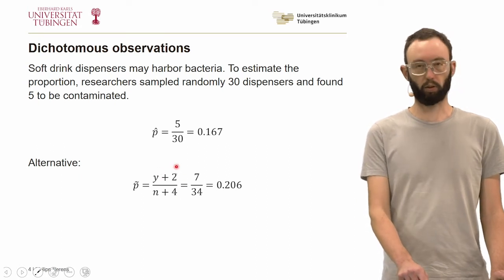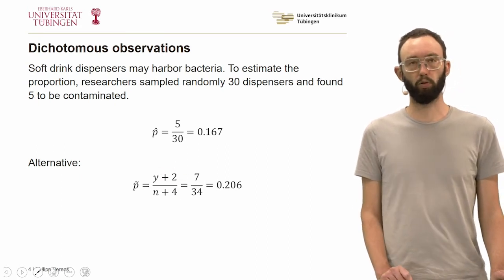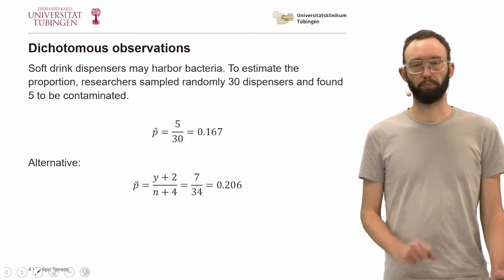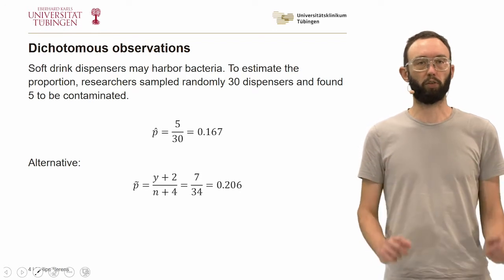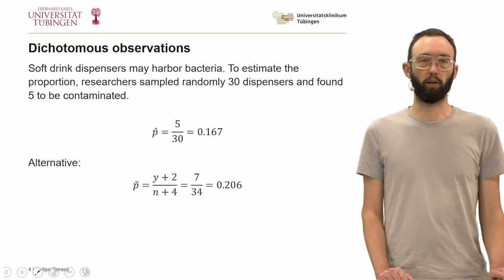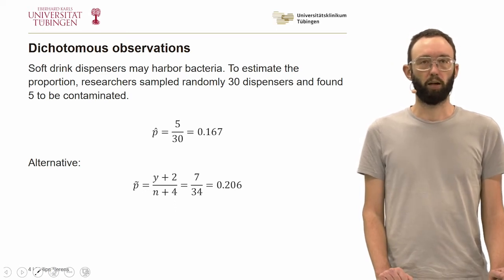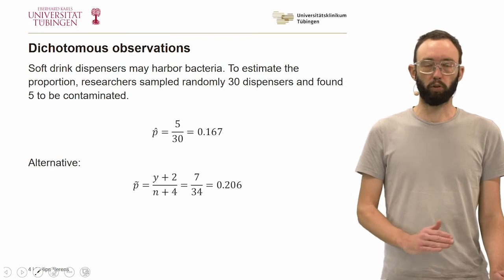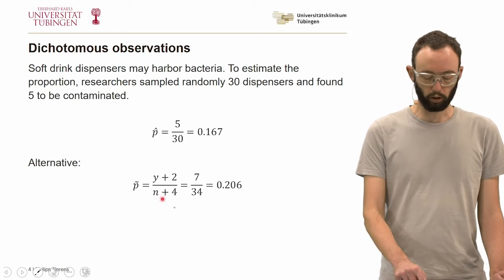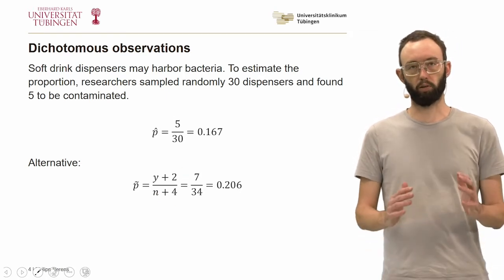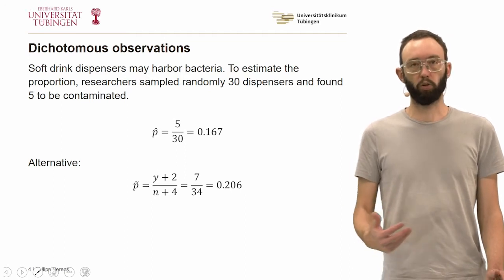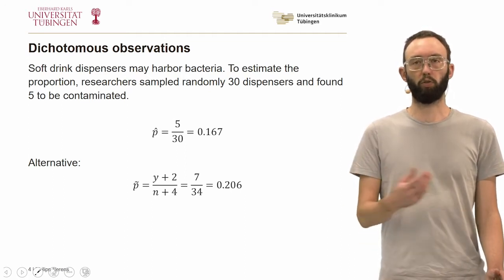This corresponds to the case where to your sample that you observed, you add 2 positive and 2 negative fake observations. It will become more clear why we do that later. It biases our estimates away from 0 or 1 towards 0.5. So if we do this, we express our belief that the probability is somewhere around or closer to 0.5 than to the extremes of 0 or 1.